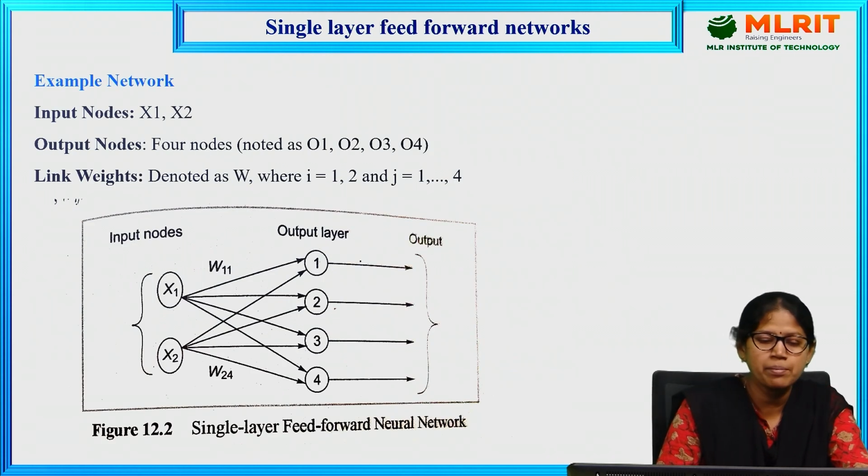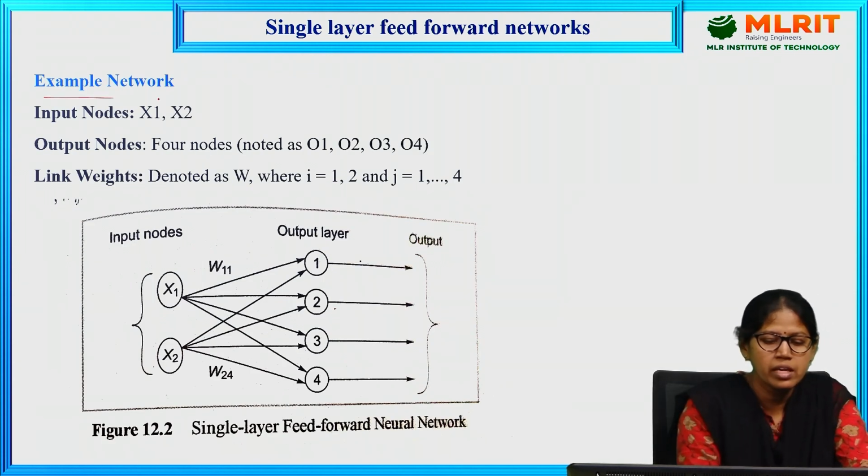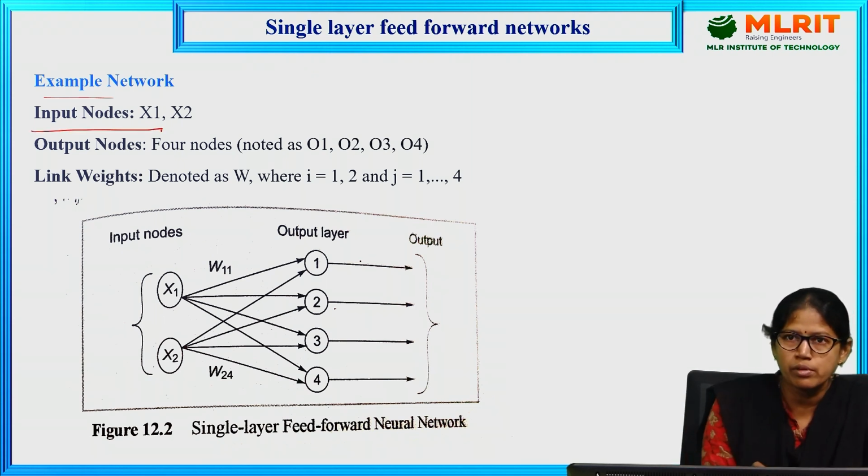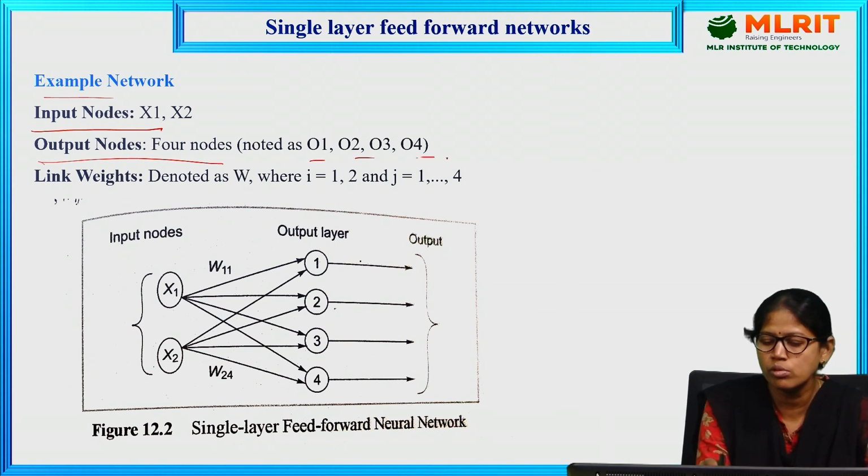Let's see the example. Here we take two input nodes, x1 and x2, and four output nodes, O1, O2, O3, O4.